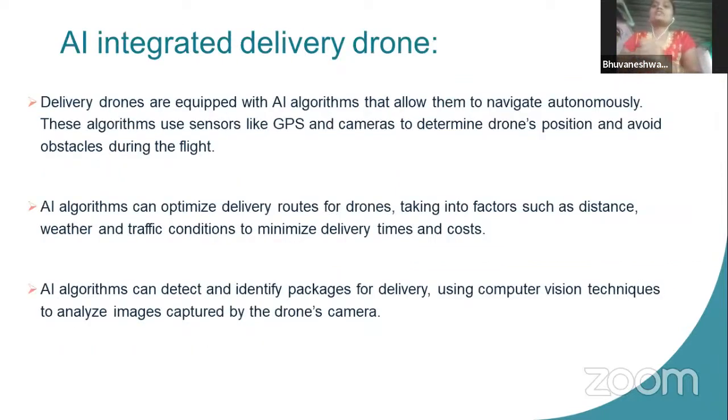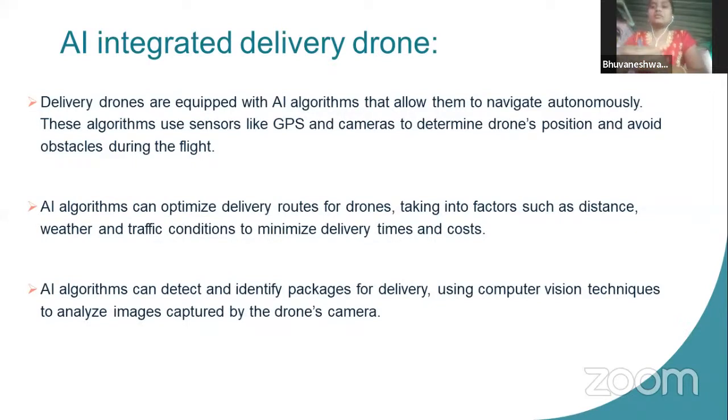When we see AI integrated delivery drones, they are equipped with AI algorithms that allow them to navigate autonomously. When we introduce AI in delivery drones, the drones move automatically without the use of a person.